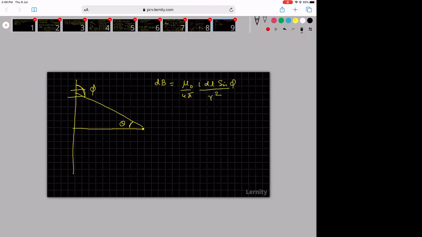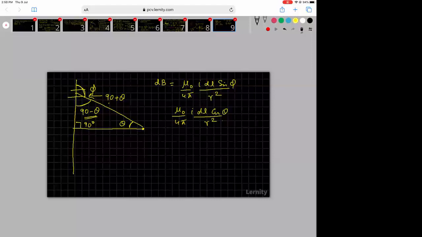If this angle here is theta, this is 90 degrees. Then this angle here is 90 minus theta, and this angle here is 90 plus theta. So sine of 90 plus theta can be written as cos theta. So it will become mu naught by 4 pi I dl cos theta by r squared. Okay, this is a much better explanation than what I gave before. So if you may change it, I'll be happy about it.